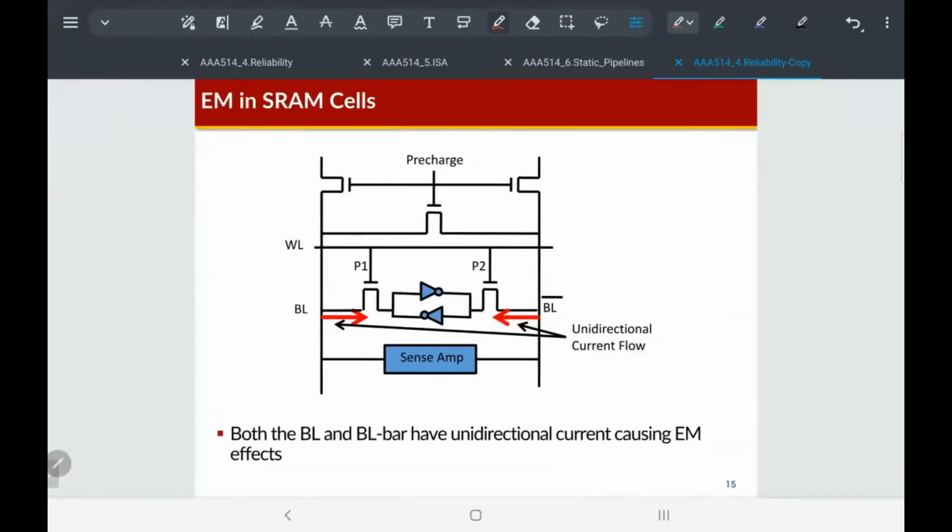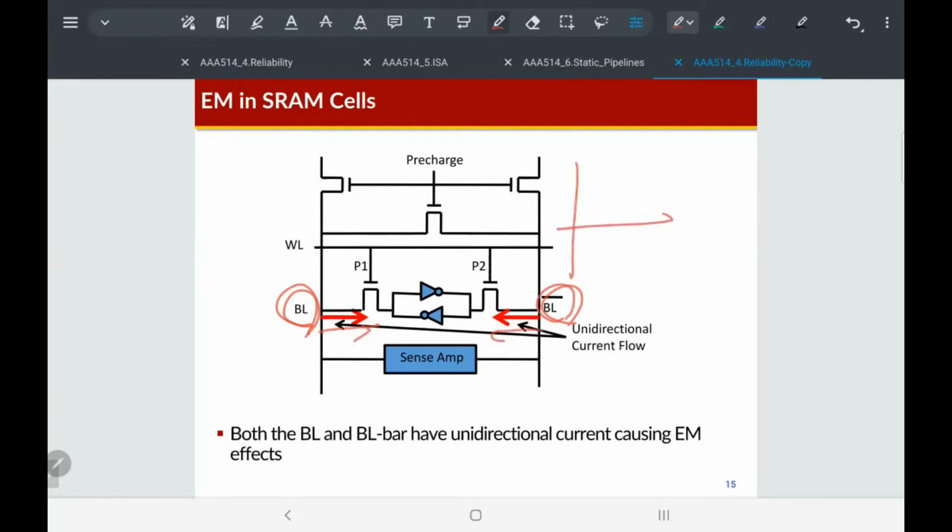And then sometimes we can consider this electromigration issue in the SRAM cell. This is the SRAM cell, and you can see the bit line here. Many of these cells are attached to this bit line. As the data is read via these bit lines, the current flows in this direction.